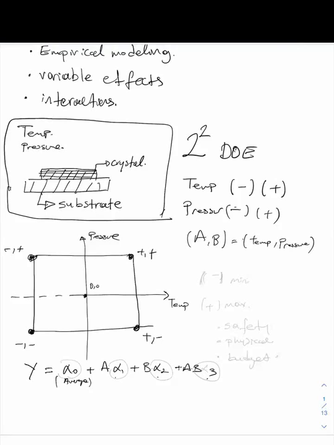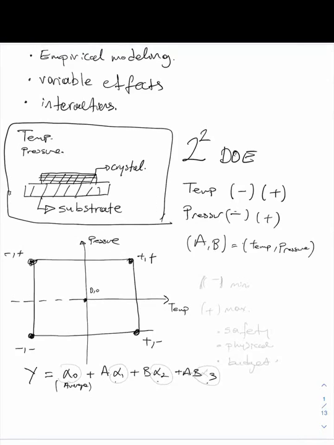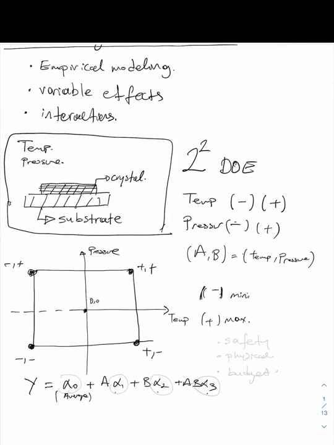And these plus and minus values, minimums or maximums, have to be chosen very carefully, meaning that you want them to be as spread as possible. In other words, you want the minus to be the minimum possible value that it will go, and the plus to be the maximum possible value that you can go. These plus and minuses are usually determined by things like safety.